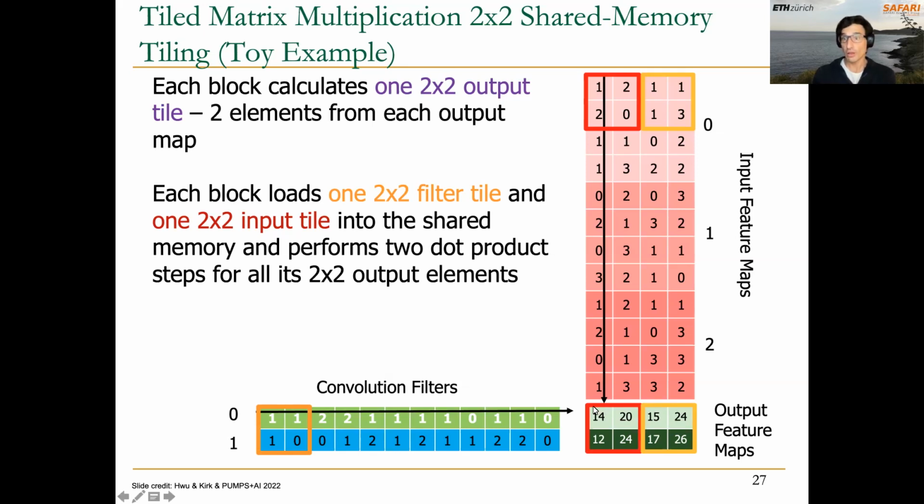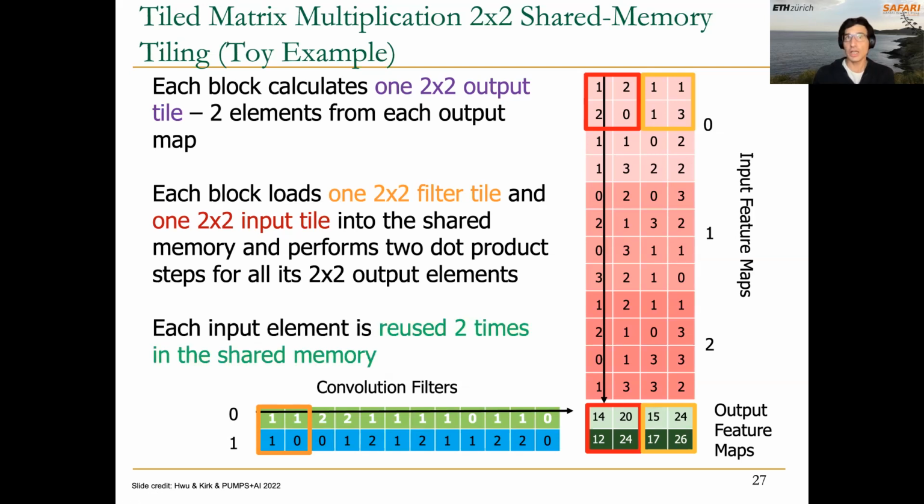So for example, the red thread block that has been assigned this red tile will have to load this tile from the input feature maps into the shared memory, and this other tile from the convolution filters matrix, and then perform the dot product of these 2 elements with these 2 elements, and these 2 elements with these 2 elements. So as you can see, each input element is reused 2 times in the shared memory, because this one here and this one here are used to calculate this value and this value.